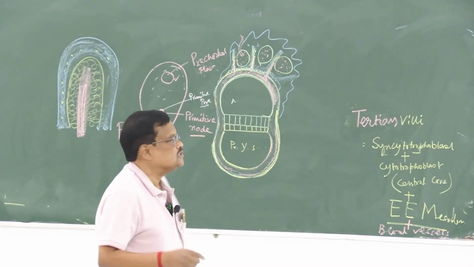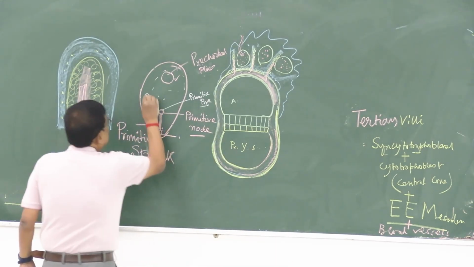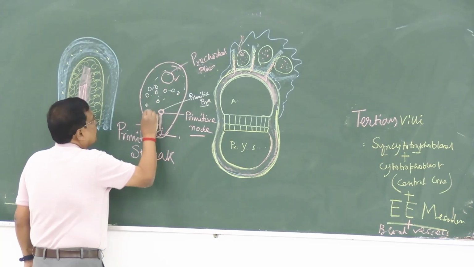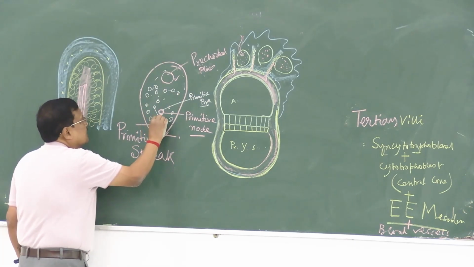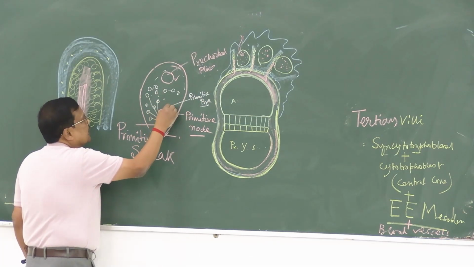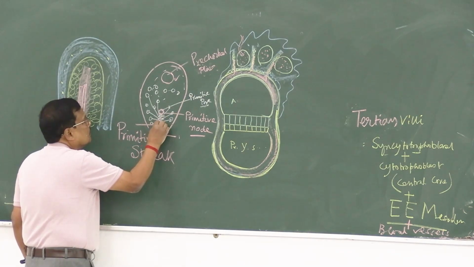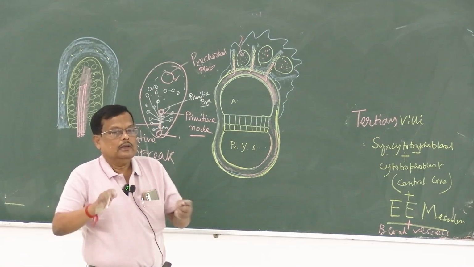Now this epiblast cell, I am writing white, few cells are attracted, সব নয়. Few cells are attracted to the primitive streak.